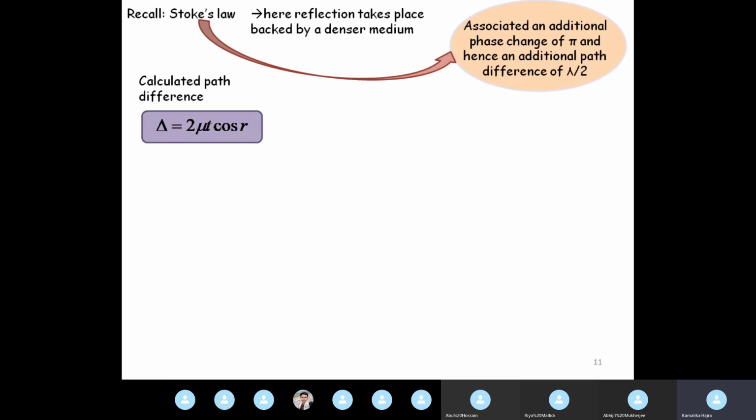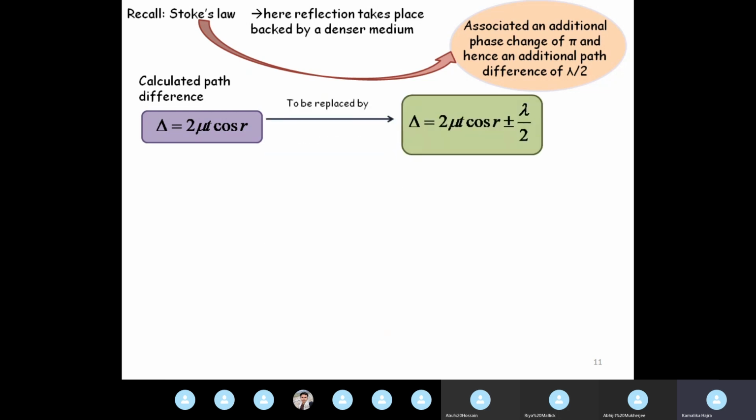So we had calculated the path difference to be delta equal to 2 mu t cos r, that is the calculated path difference, geometrically calculated, which is now to be replaced by 2 mu t cos r plus or minus lambda by 2.